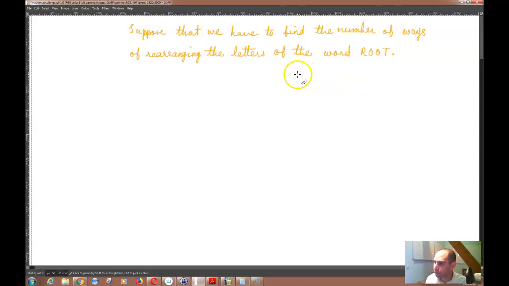In this case, the letters of the word are not all different. Of course they are not. And there are two O's which are of the same type or of the same kind. So they are the same kind of letters here.